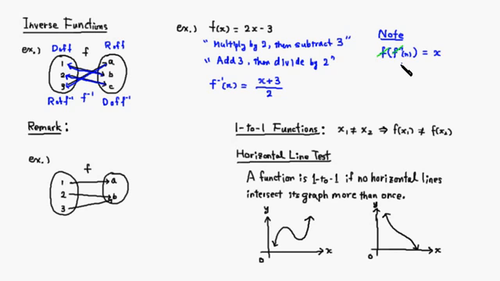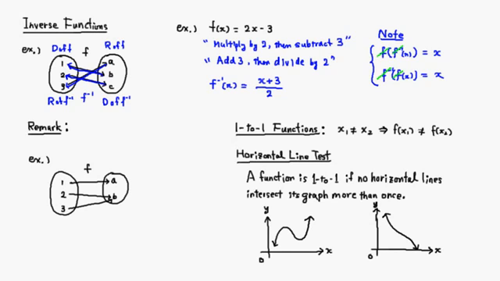You can compose the other way around too: you apply f first, then apply F inverse. Just like before, they cancel each other out because they are reverse processes of each other. You just get x back. So this is the inverse property.